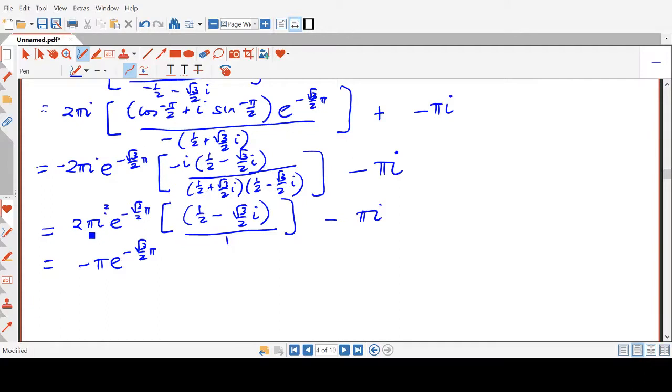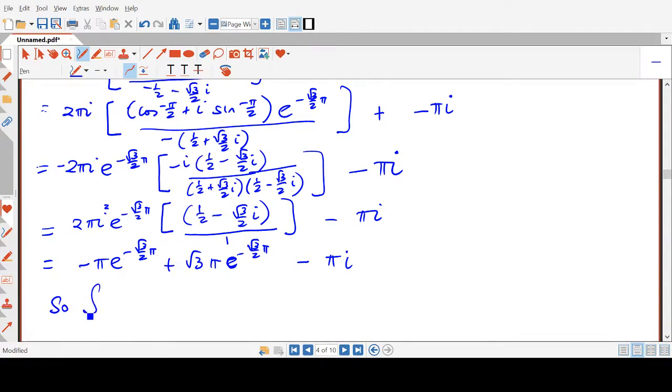So it's minus 2. That cancels there. It becomes plus root 3 pi e to the minus root 3 over 2 pi. Okay. Minus pi i. That's it.